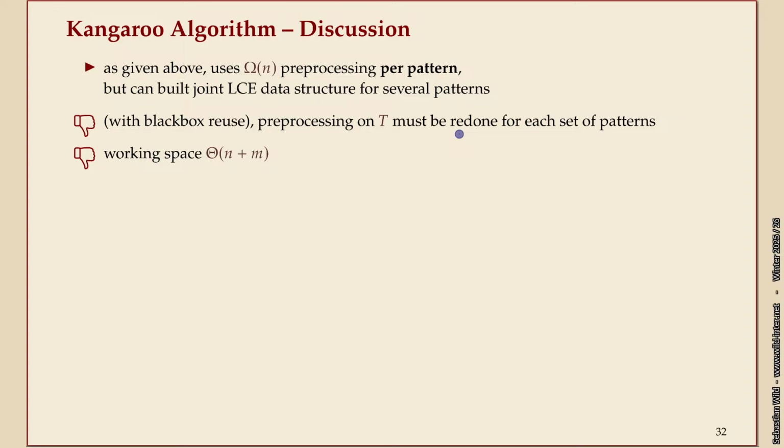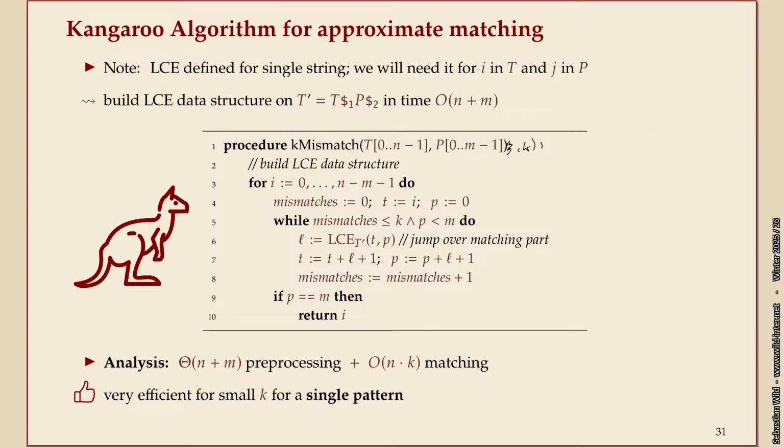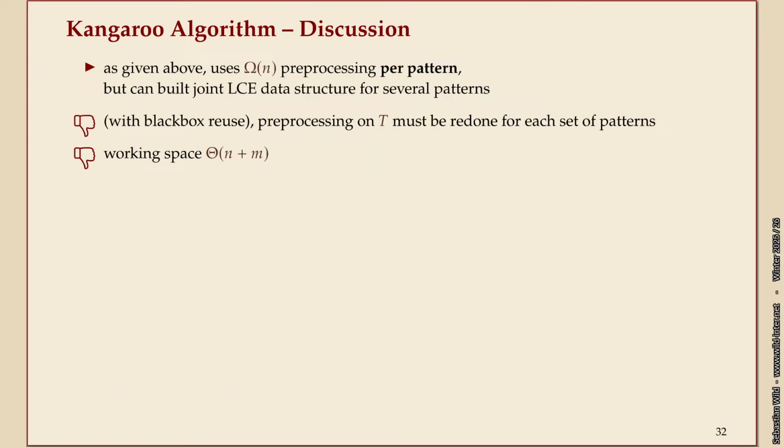That sounds very expensive, but we can do this for several patterns. So in a way, it's not an actual problem, but you have to look into the box a bit. Or what you can do at this level is just extend this with all the patterns that you want to process in one go. Then you can make this work.